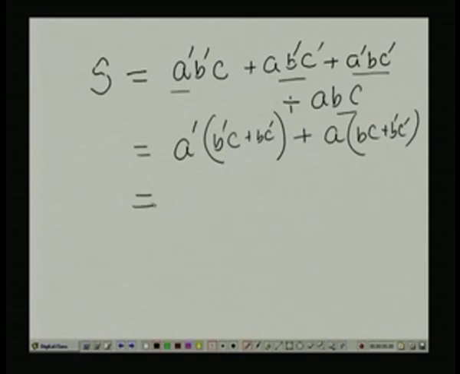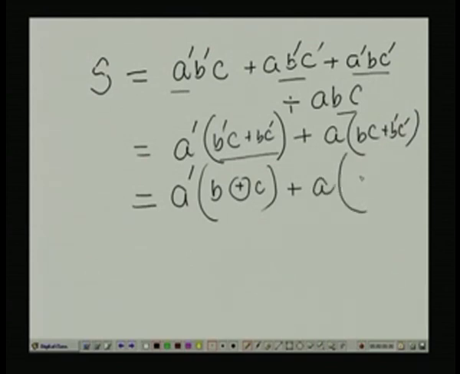Now, we have already seen in the last class that this is actually B XOR C, and this one is actually XNOR, that means the complement of B XOR C.